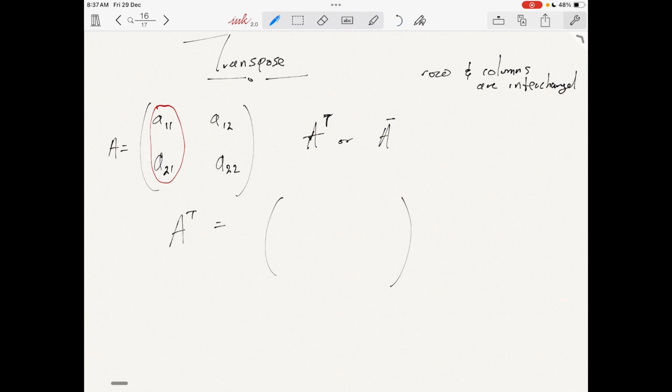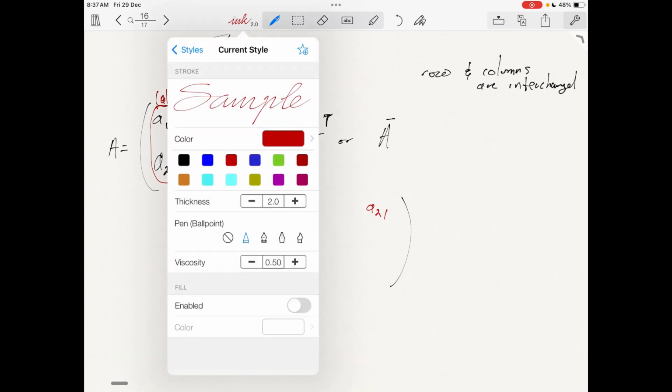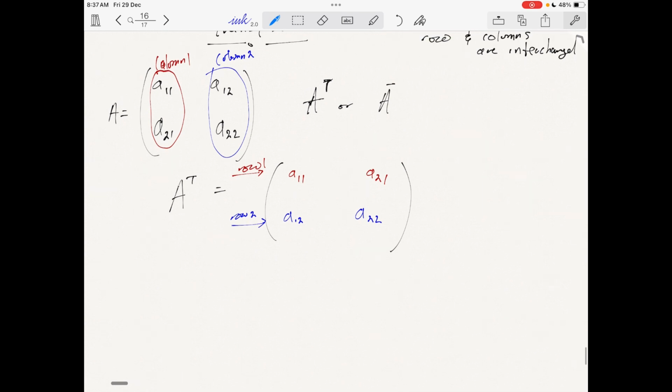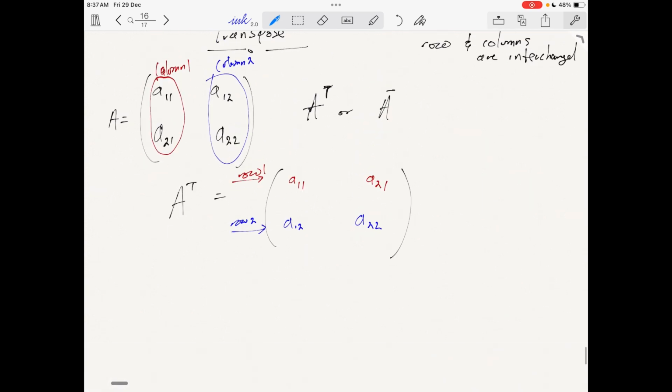So our first column here will become a row here, and we have A11, A21. Column 1 becomes row 1, and then column 2 becomes row 2. That's A12, A22. It's as easy as that. So let's take an example.